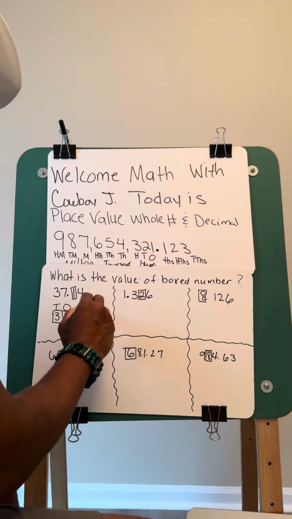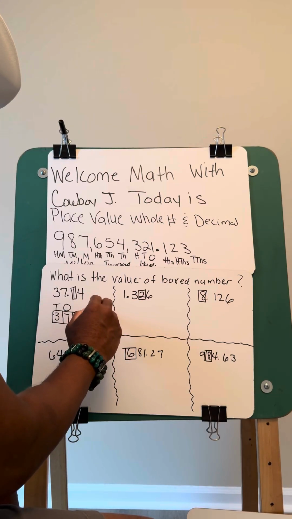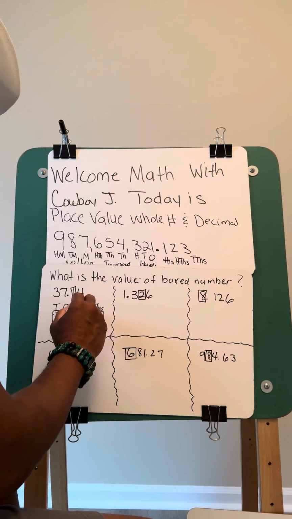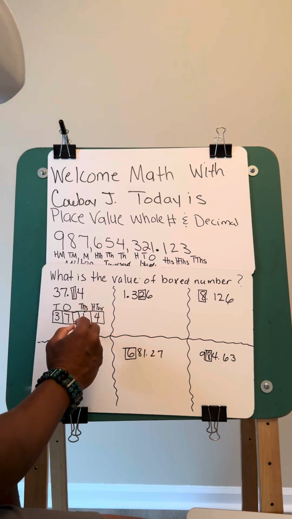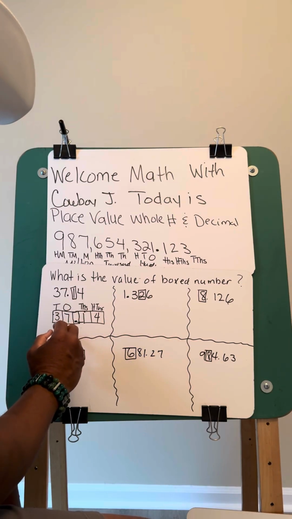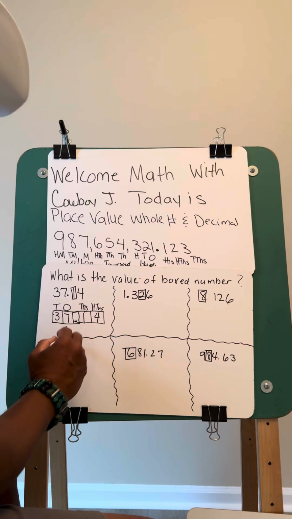So we just label it. Hundreds, tenths, ones. So the box number here has a value of tenths, meaning as a decimal, just like this.